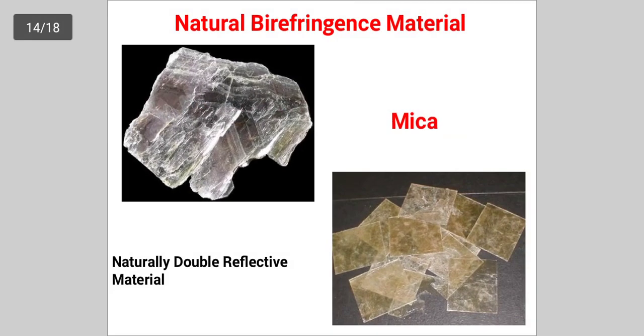Now we'll discuss the concept of natural birefringence and artificial birefringence. As we know, if light is emitted from the light source, it travels with some velocity, and the working medium is air. So the light passes through the air at a certain speed.